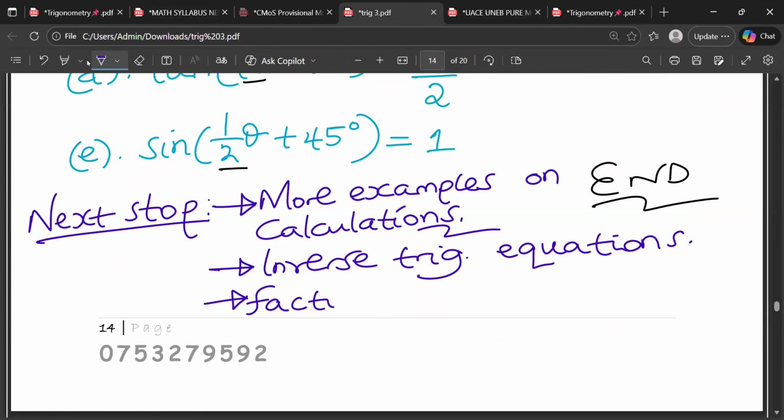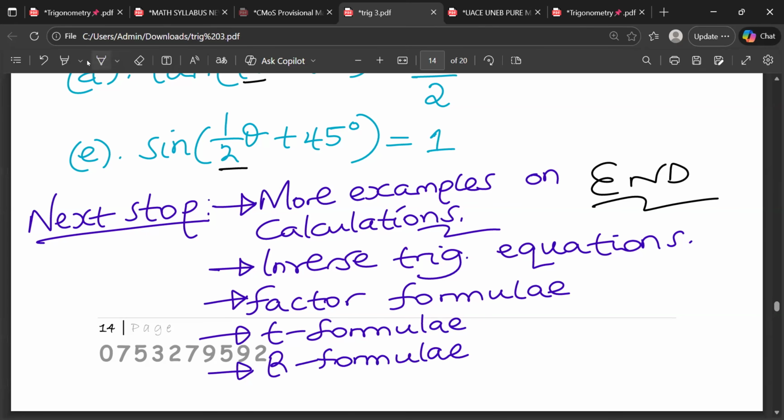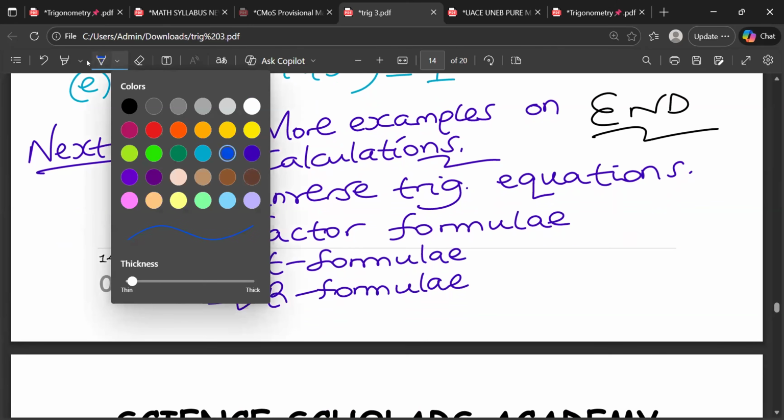Then after inverse trig equations, we shall have the factor formula. Then we shall have T formula, or T formulae, whatever. Then we shall have R formulae or R formula, the harmonic form. Then I've told you that solutions of the triangle is next holiday.